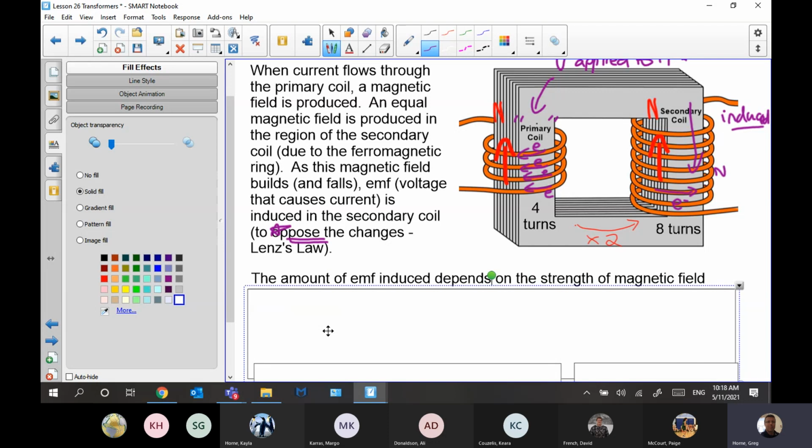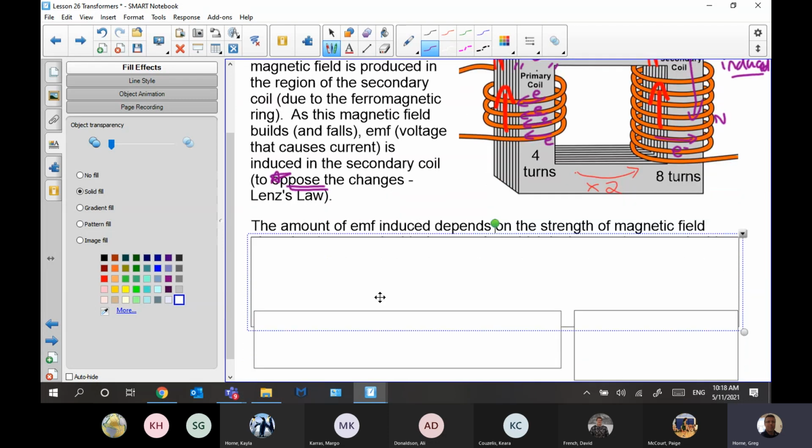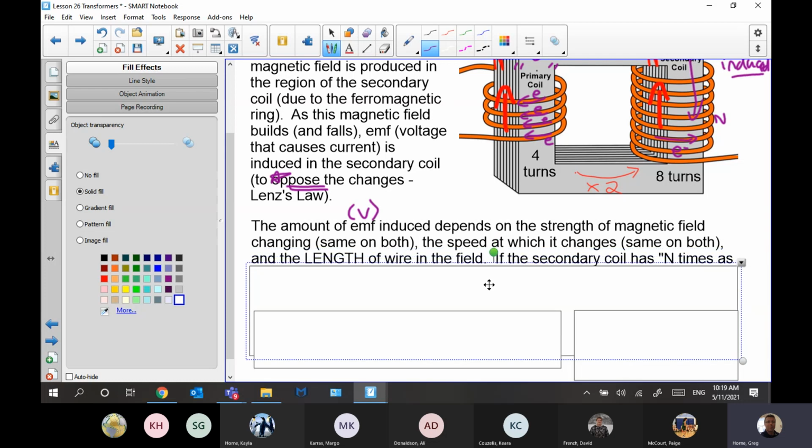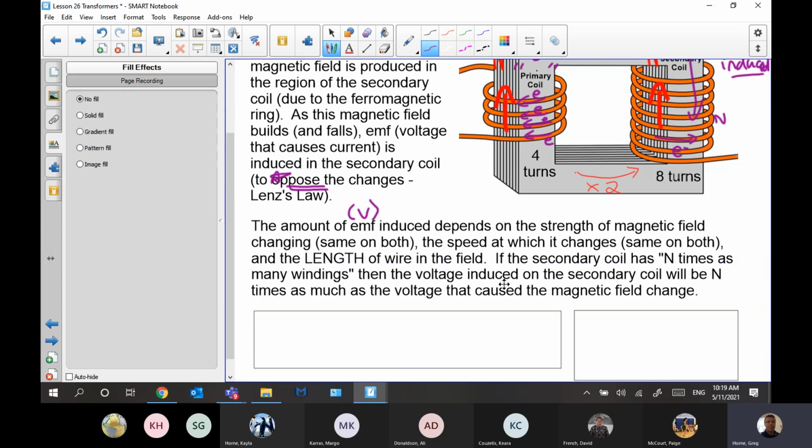The amount of electromotive force, EMF, or voltage, induced depends, of course, on the strength of the field that's changing, which is the same on both. It depends on the speed at which it changes, which is going to be the same on both. And it depends on the length of the wire in the field, which is very obvious based on logic and previous things we've talked about.